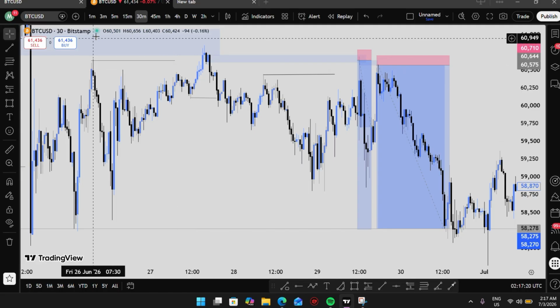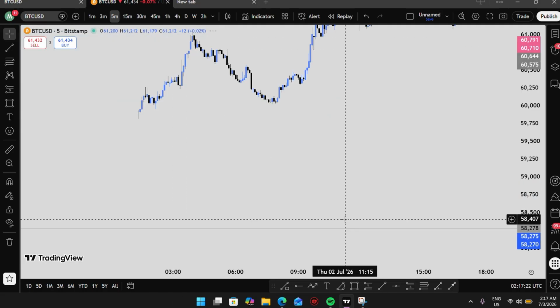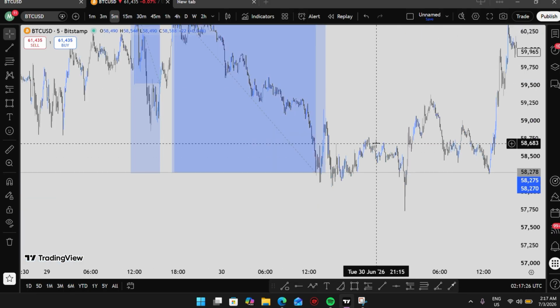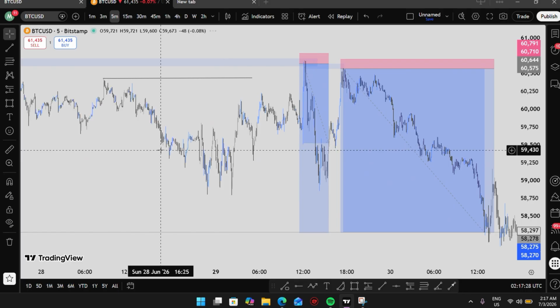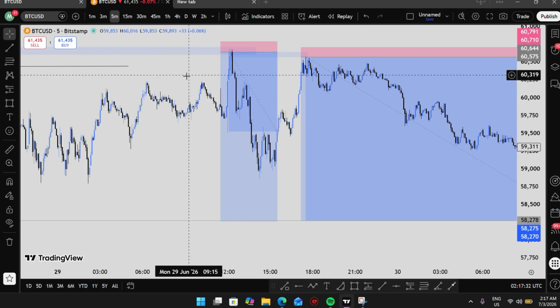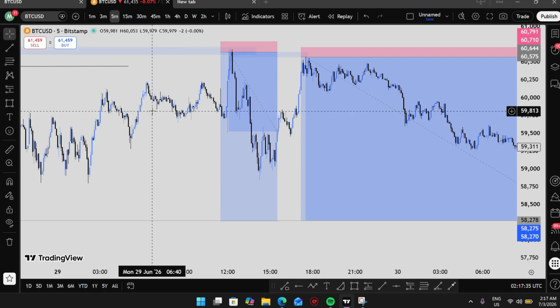But then what did I see again? On my 5 minutes, the market left another order block here. As the market started reversing, I know I'm not a break-even trader, so I knew this market was going to sell.